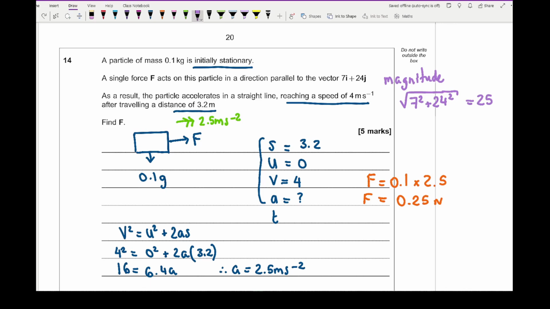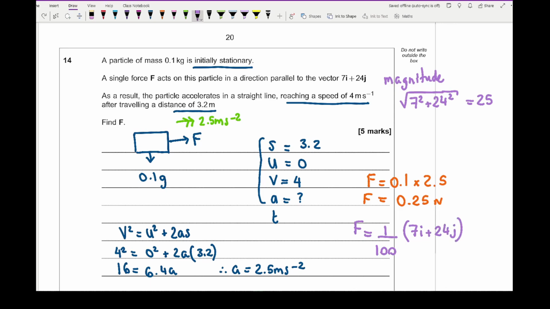Therefore, if we have a look at that single force F, it's got to have an overall value of 1/100th of the same vector 7i plus 24j.